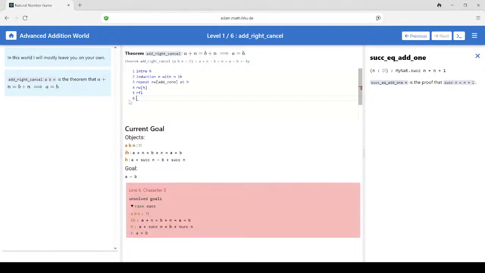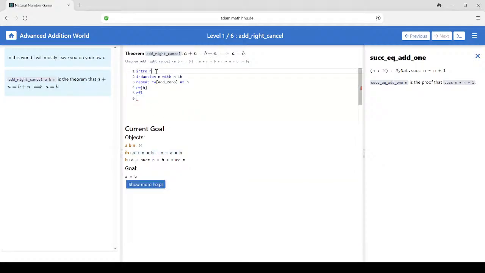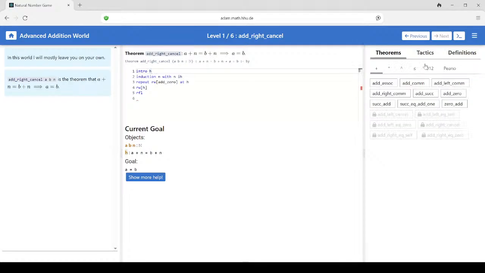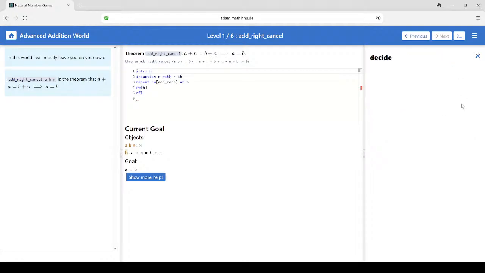What? We used induction, and now the induction has come back to haunt us. Are you sure there's no way to just prove that A plus N equals B plus N? Can I use the decide tactic?